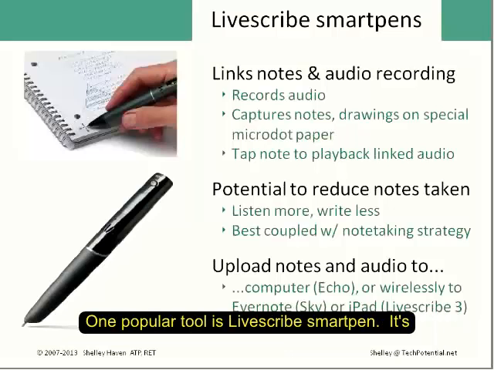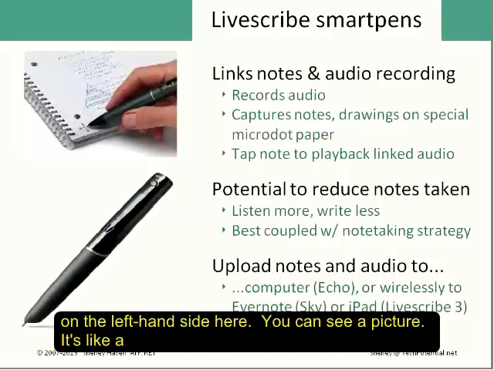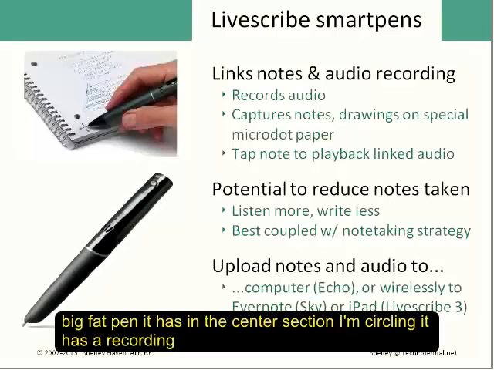So one popular tool that's used for note-taking, and everybody hears about it, is Livescribe smartpens. On the left-hand side here you can see a picture of a Livescribe pen. A Livescribe pen is kind of like a big fat pen. The center section that I'm circling has an audio recorder and also speakers. So it's recording everything it hears.